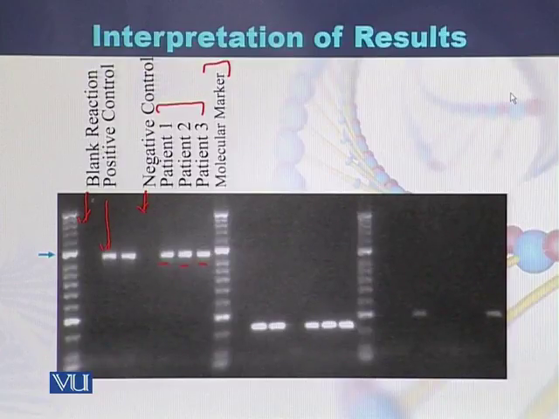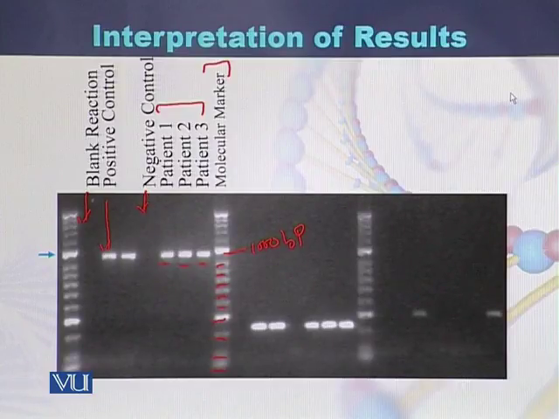On the molecular marker, this is 100, 200, 300, 400, 500, 600, 700, 800, 900, and this is the band of 1000 base pair. So our expected band size for the patients was approximately 1000 base pair. So we can say that the actual region has been amplified.